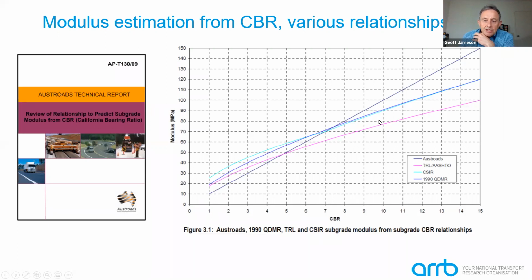Because of the limitations of this formula, some road agencies limit the use of it to a maximum of about 100 MPa. So they don't continue to use it, say, up to a CBR of 15 and assume a modulus of 150. For example, VicRoads for heavily trafficked roads would limit the design modulus to a maximum of 100, regardless of whether or not they actually measured the CBR of their subgrade to be 15 or thereabouts.